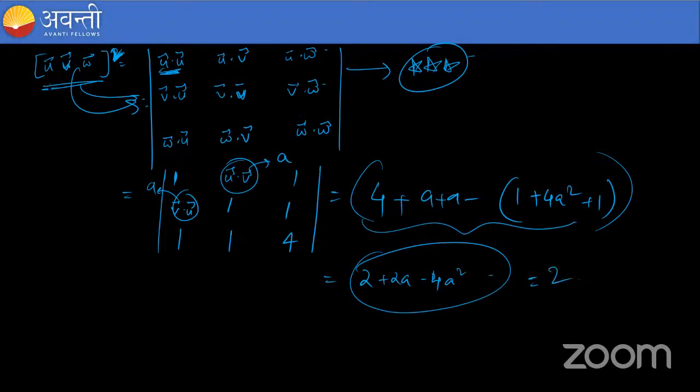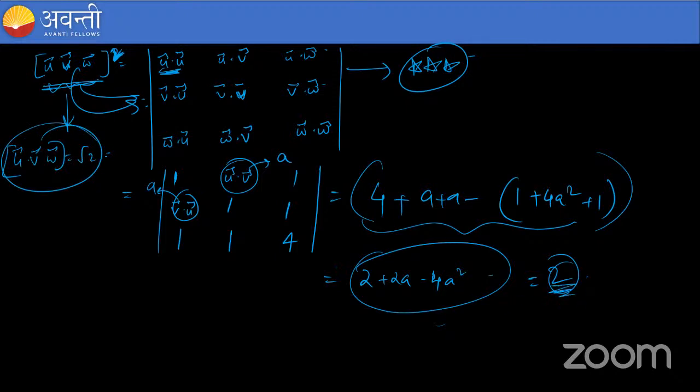Since the box product of U bar, V bar and W bar is equal to root 2, their square will be equal to 2.